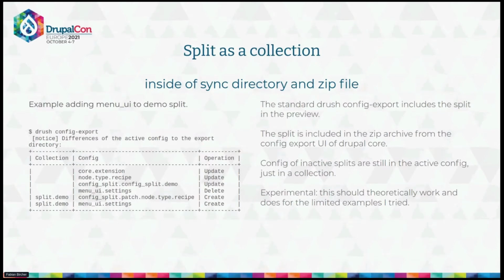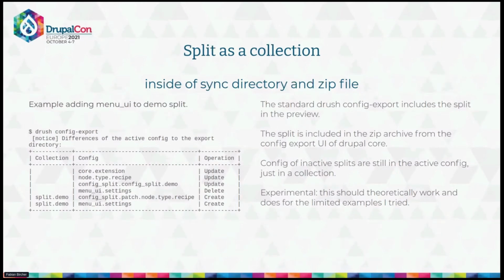There's, however, a caveat, which is that the config of inactive splits is still in the active configuration, just as a collection. So when you import the configuration and the split is active, in this case the demo split, it will merge the node type recipe with the patch.